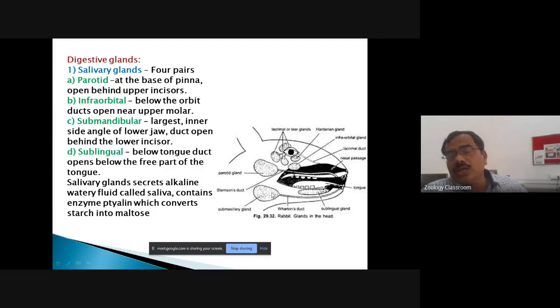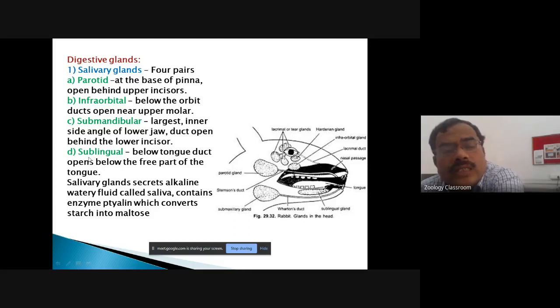The secretion is carried by the duct system, that duct is called Bartholin's duct, and this duct opens at the free end of the tongue. This is the free end of the tongue. And this submaxillary gland opens close to the lower incisor. These are the incisor teeth. So close to the incisor teeth, the submaxillary or submandibular gland opens.